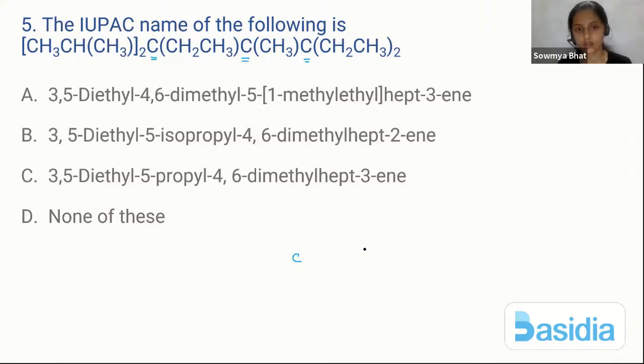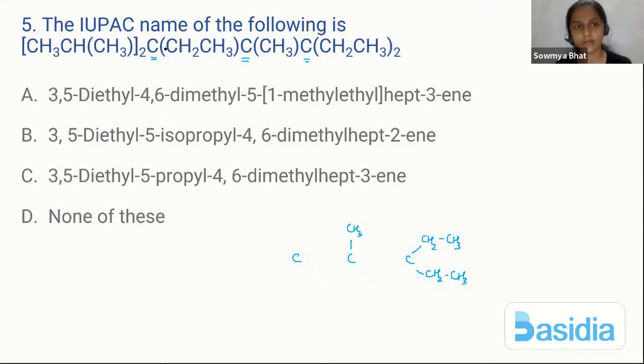1 in the second one and the third one. We'll start from this end. For this carbon, there are 2 groups, CH2-CH3, attached. So one is CH2-CH3 here. The other would be CH2-CH3 here. So we are done with the first one. We'll go to the next one. That's C, which is attached to just CH3.